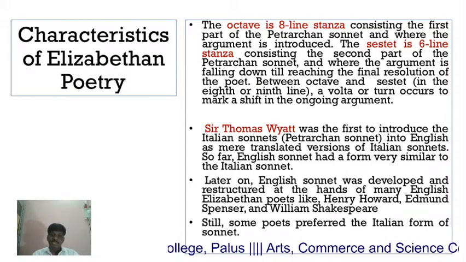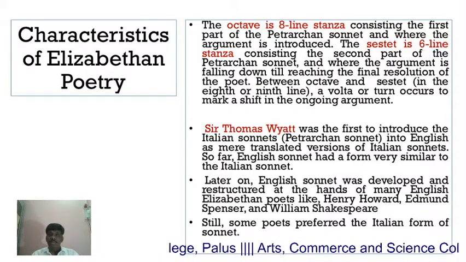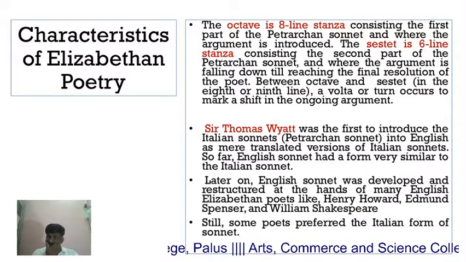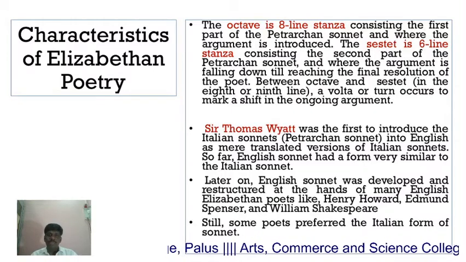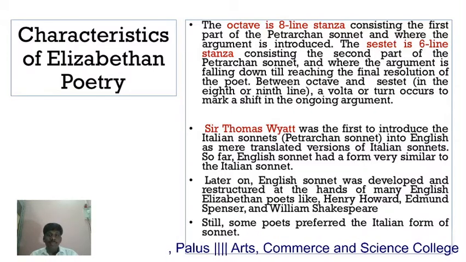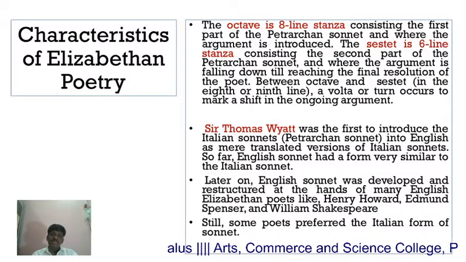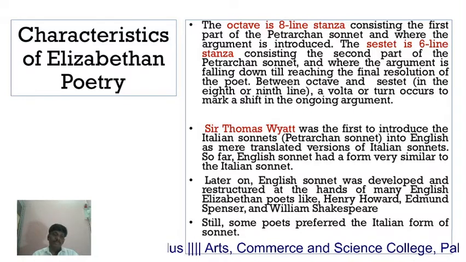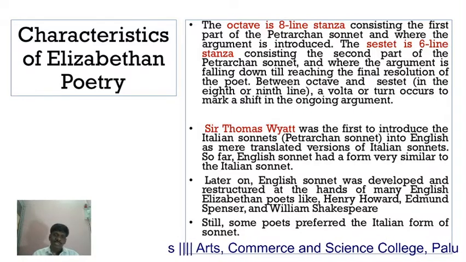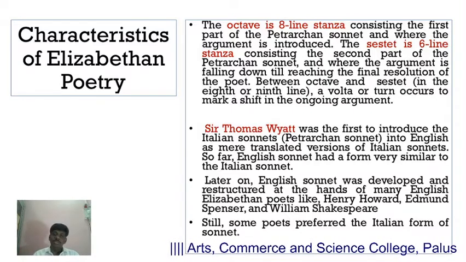The sestet is a 6-line stanza consisting of the second part of the sonnet, where the argument is carried down till reaching the final resolution of the poet. So in the next 6 lines, what does he do?